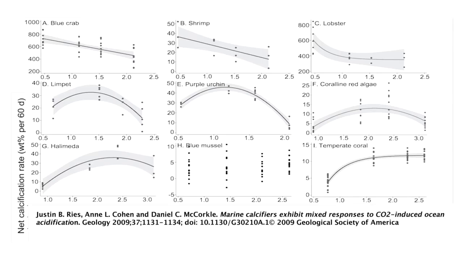And most of those plots either have a little bit of an inverse U shape or it's just going down, which means that most organisms in the oceans don't like it when it becomes more acidic. They slow down the rate at which they make a hard shell out of the carbonate in the oceans.